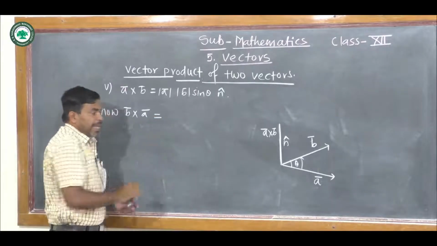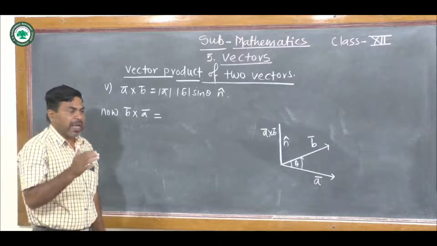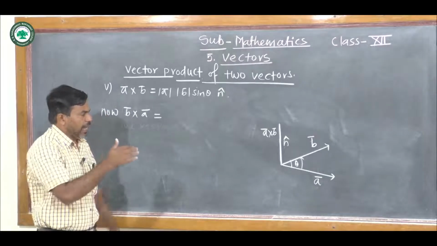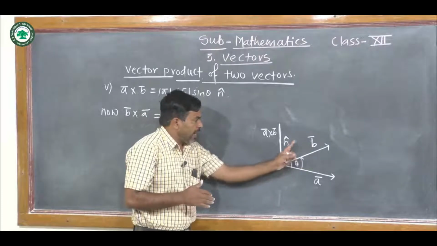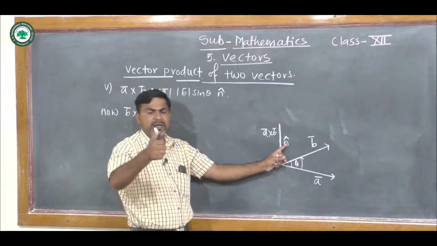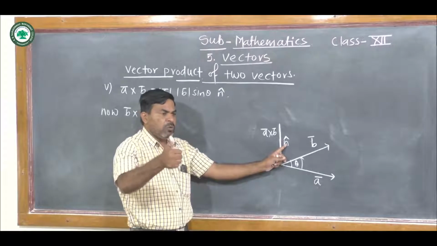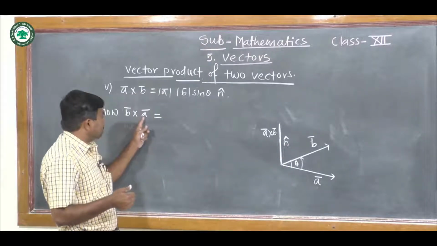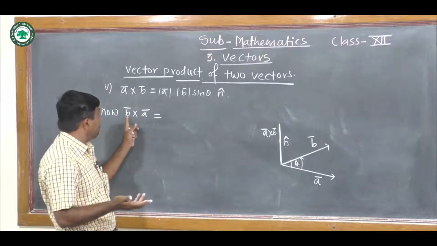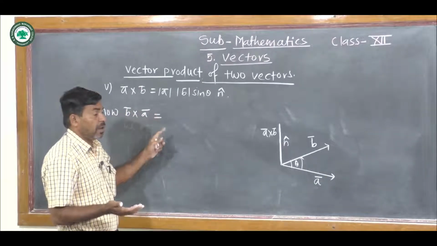See, in A bar cross B bar, in this figure, A bar, B bar and n cap form a right-handed triplet. Now, here, in the cross product B bar cross A bar, the order is different.